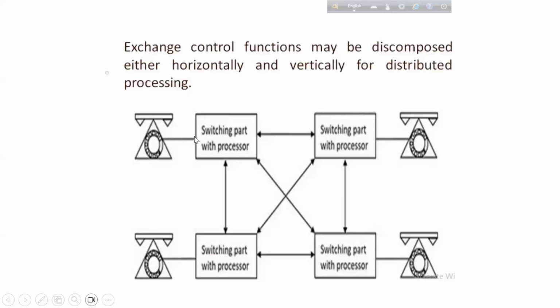You can go from this switching part to this switching part, or you can go to this switching part to this, for connecting this user. So there can be different combinations and different routes.